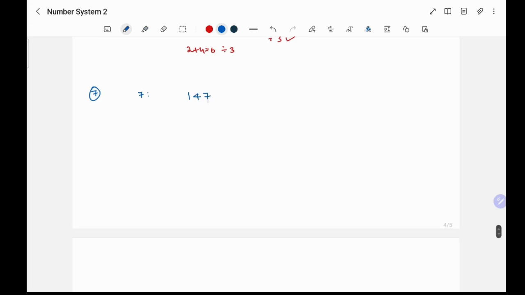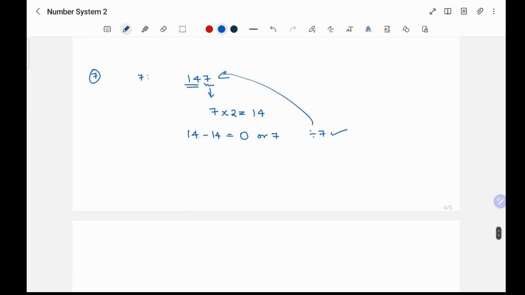For this they say, take the last digit, 7, multiply it by 2 to get 14, and subtract it from the rest of the digits. So 14 minus 14. If you get 0 or a multiple of 7, then the initial number itself is divisible by 7. Here in this case we are getting 0. So 147 is divisible by 7.